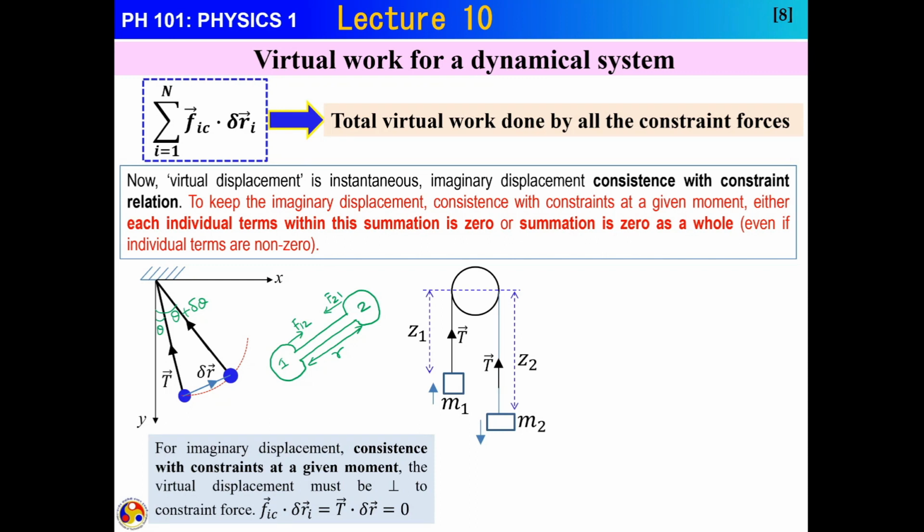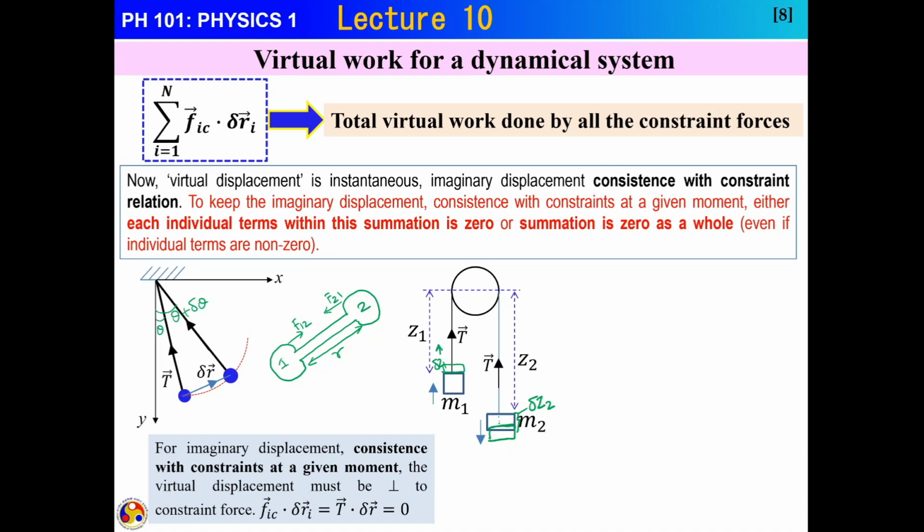Now if I move this mass M2 by a virtual displacement, a small displacement which is delta Z2, then you can expect the same distance delta Z1 to go upward.